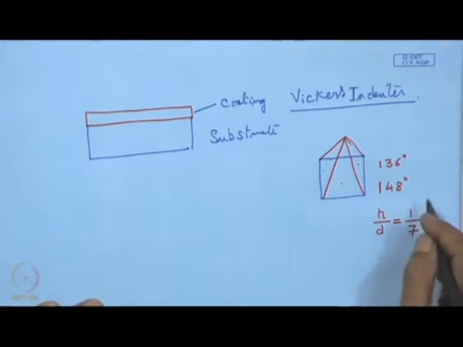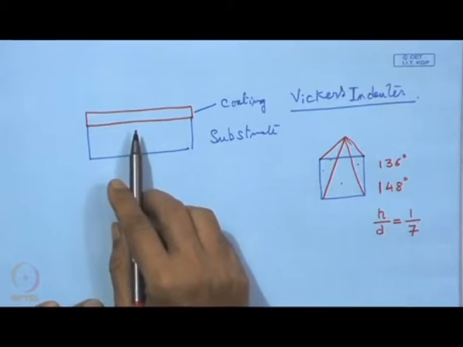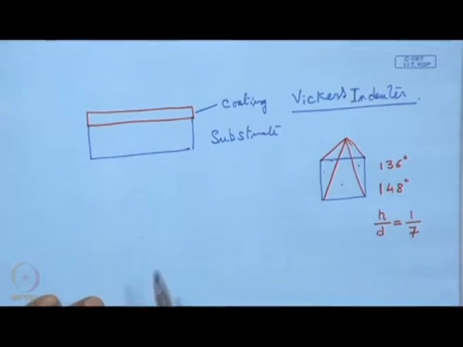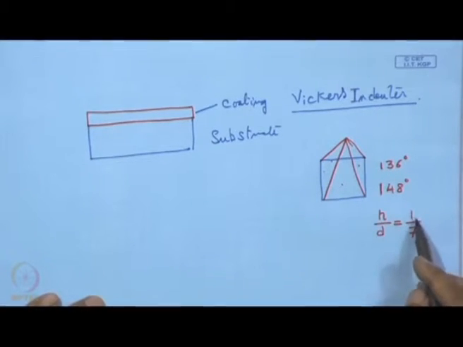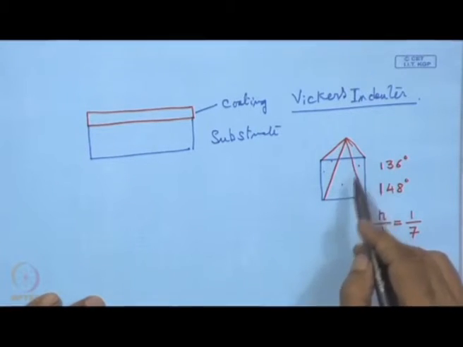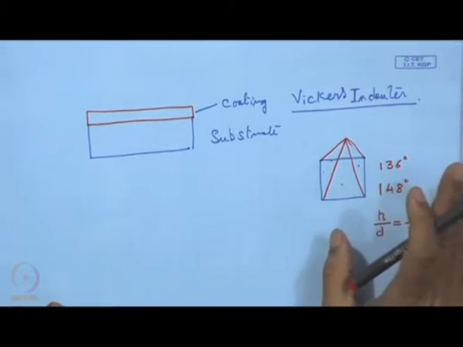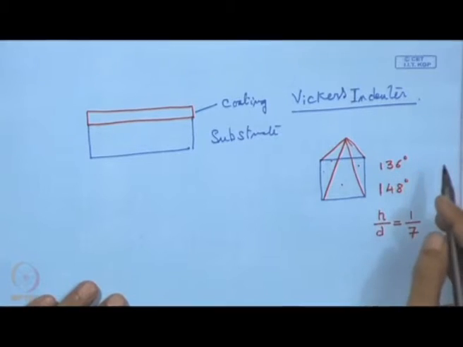That means, if we make one impression on any surface, and if we measure the diagonal d, in that case the penetration depth will be 1/7 of that diagonal of this indentation. So, that is the ratio which is governed by this geometry.